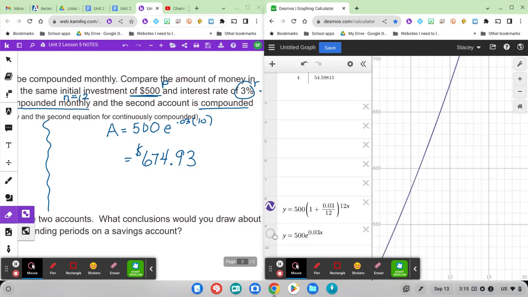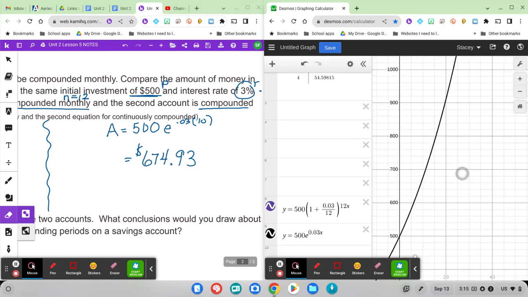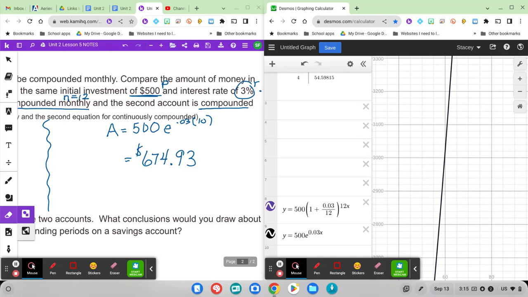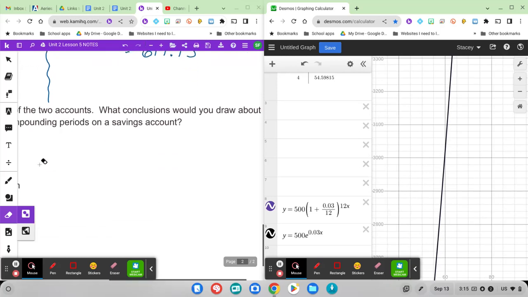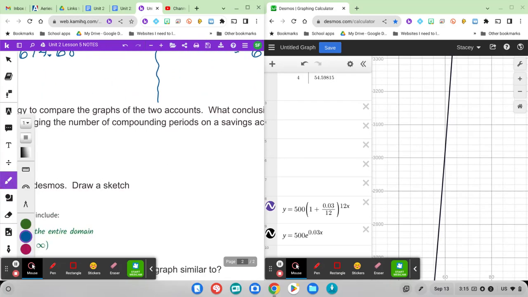So here we can see that is our compounded monthly. And if we look at our other one, it's compounded continuously. Our equation is very much the same, very close to it. So it is going to be about the same. Okay, the next one, it says, so could we conclude? We can conclude that both equations are going to be pretty accurate.